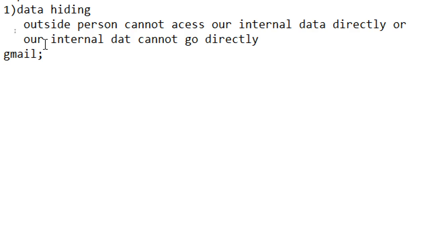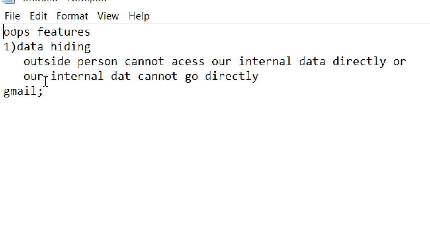We have to put our card, then enter the pin, then we can access. Directly we cannot access. So in object oriented programming we can achieve this feature by using data hiding.